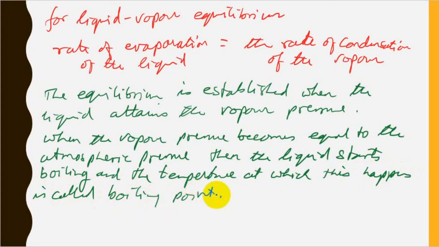That means if you don't want to establish equilibrium at room temperature or any other temperature, then it can always be established at its boiling point. At the boiling point, the liquid is going into vapor, the vapor is condensing, that can happen. That means water and steam can be in equilibrium at its boiling point.